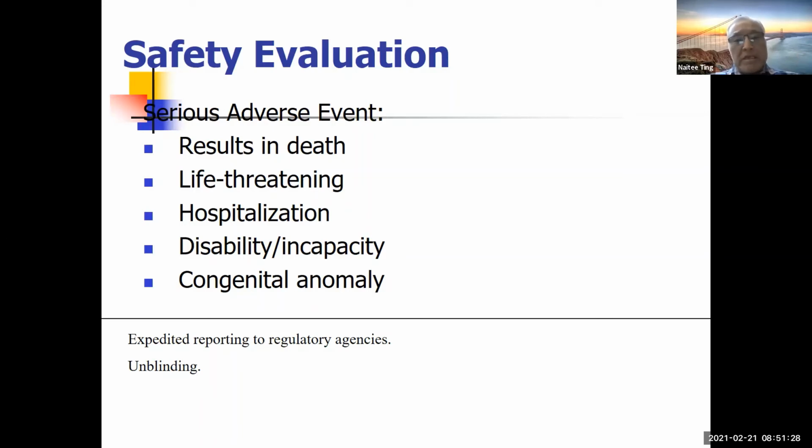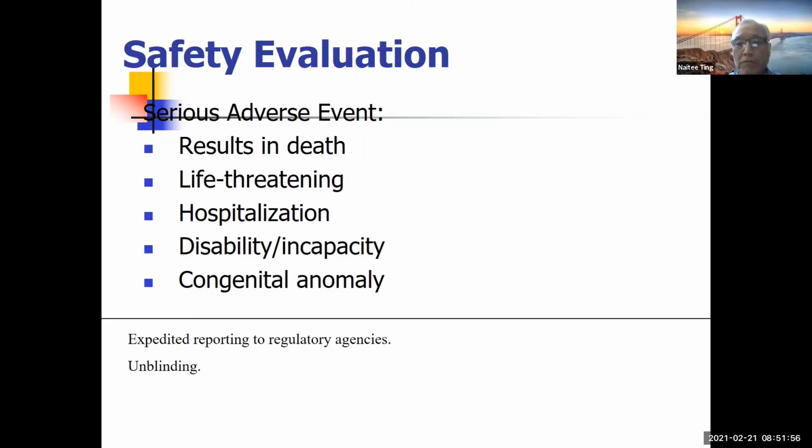On the CRF, of course, you have to collect the study drug name, drug number or whatever, protocol number, center number, and then the patient ID, the patient identifier number, and visit number and visit date.